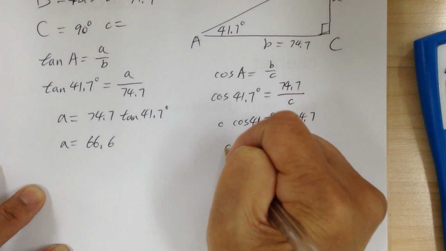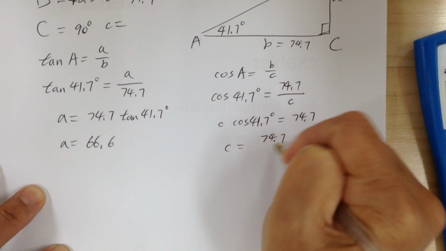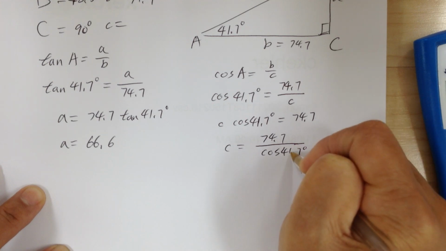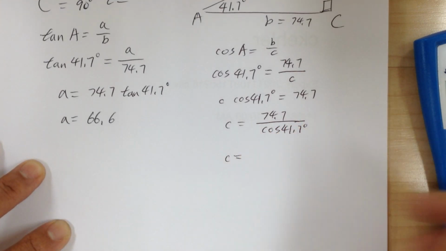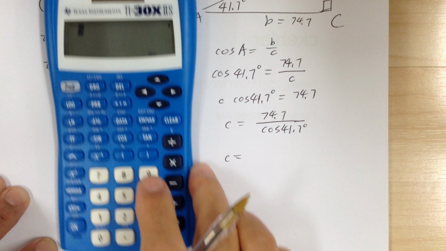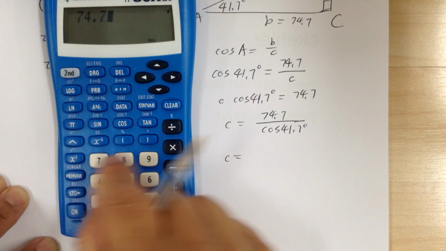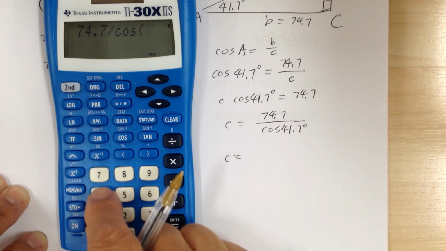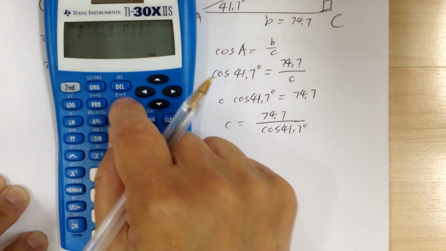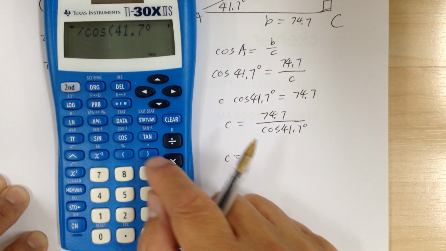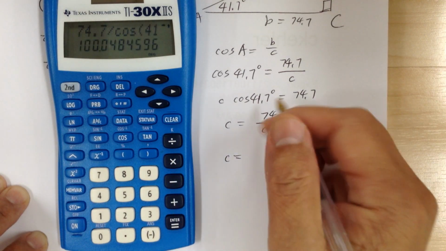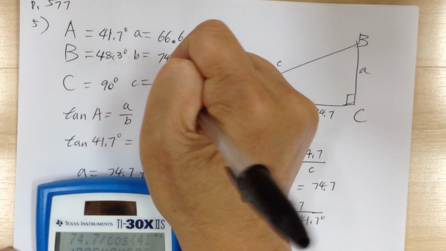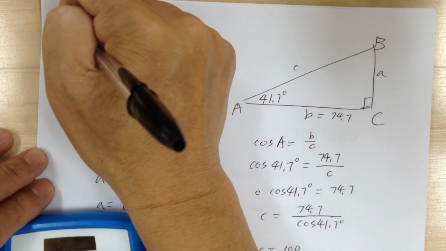Then you divide, so c equals 74.7 over cosine of 41.7 degrees. Now get your calculator and work it out: 74.7 divided by cosine of 41.7 degrees, equal, so this would be 100. Put 100 over here, and that's everything.